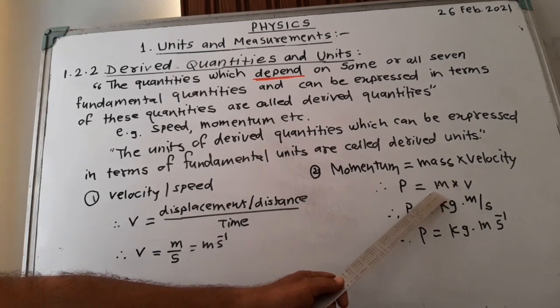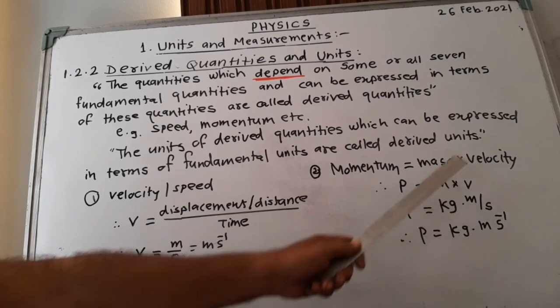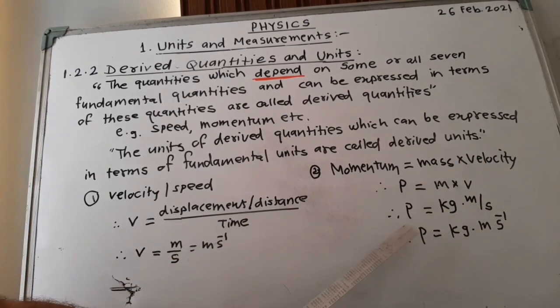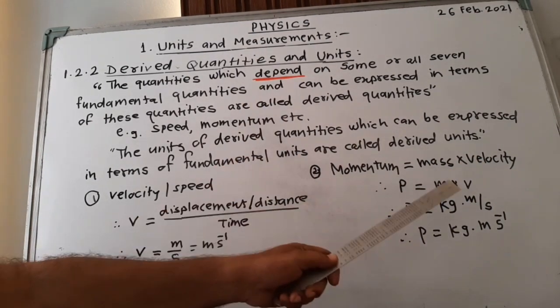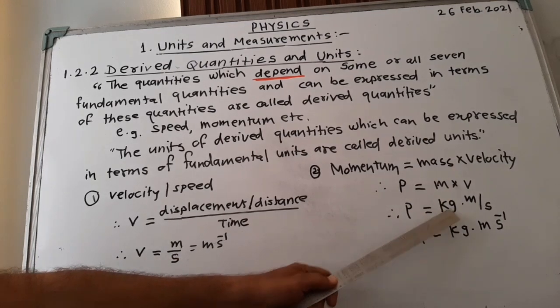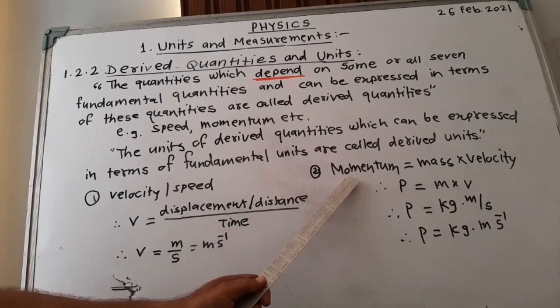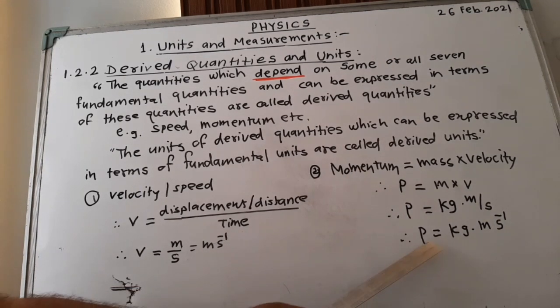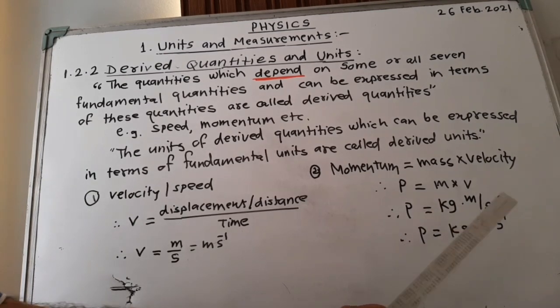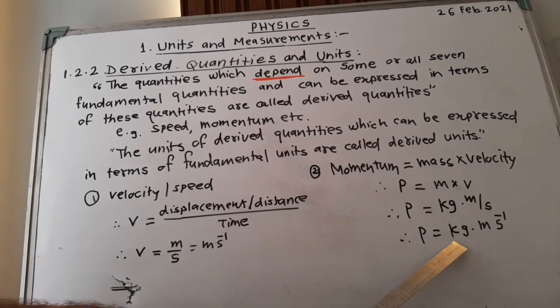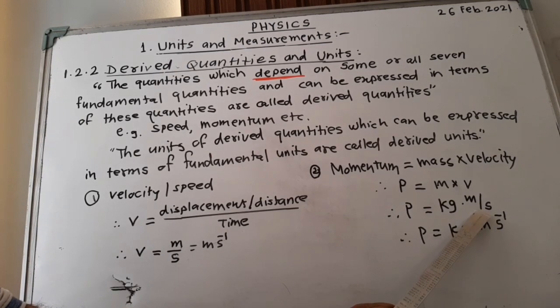Here, mass is expressed by a letter M, velocity by V. So, when you write the SI units, for mass it is kilogram and for velocity meter per second. So, when you want to write the unit for momentum P, it can be written like this: kg into meter per second, or it can be written as kg into meter into second raised to -1.